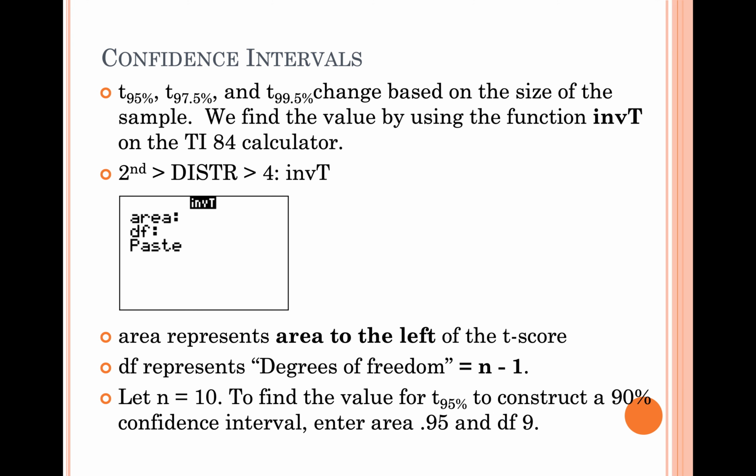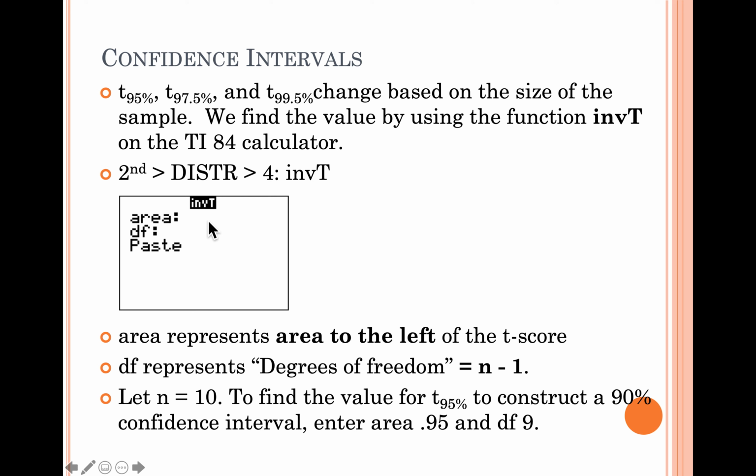So suppose we're doing a problem where the sample size is 10 and we want to find the value for a 90% confidence interval, that is, we want to find the t-score T95. We will enter 0.95 for area and a DF of 9, which is 1 less than 10.